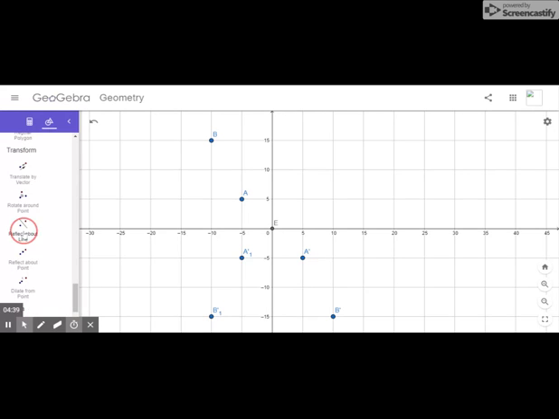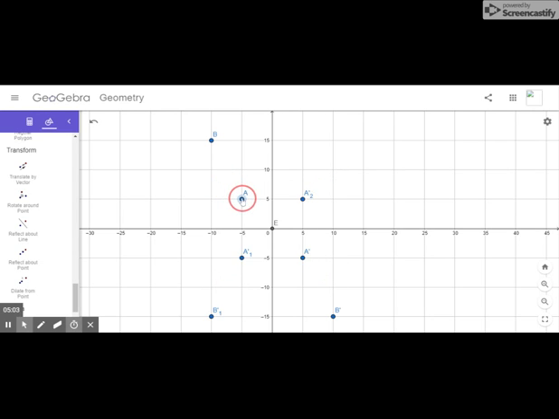We need to reflect point A across the y-axis to form point A prime 2. Now, if I move point A, there is a corresponding point within the figure that then matches up with both the rotation and the reflection of point A.